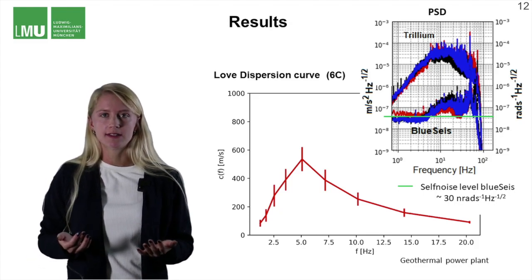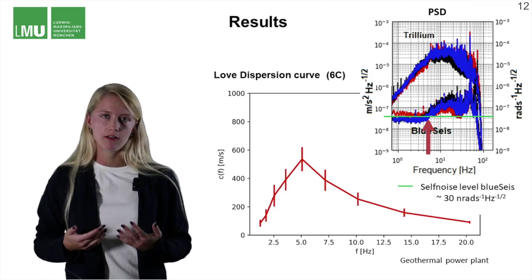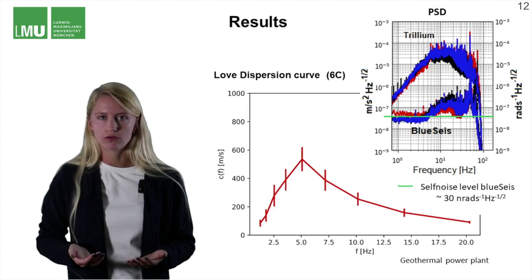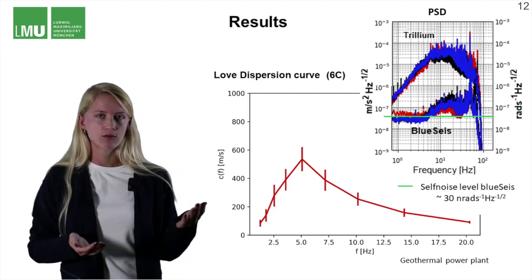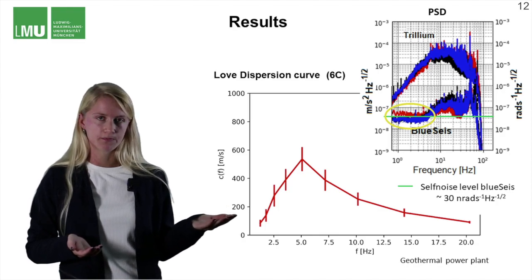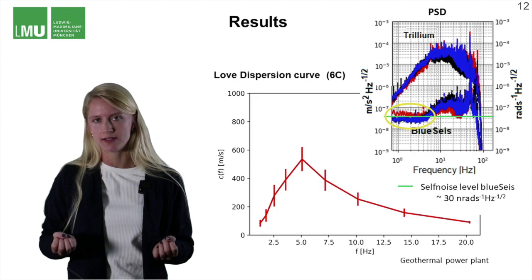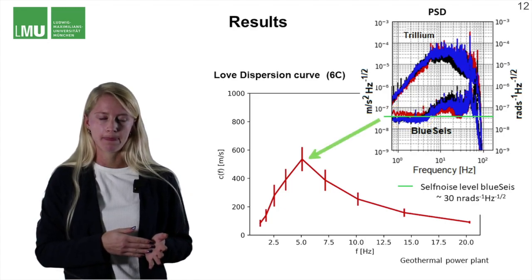The problem is that at some point, in this case at about 5 Hz, the self-noise level of the sensor is reached, and therefore no actual ground rotations are measured, but only the self-noise level of the sensor. And that's why the curve is flat in this range. So that means the ground rotations are too small to be measured by the sensor, and that's why the dispersion curve drops at this point.